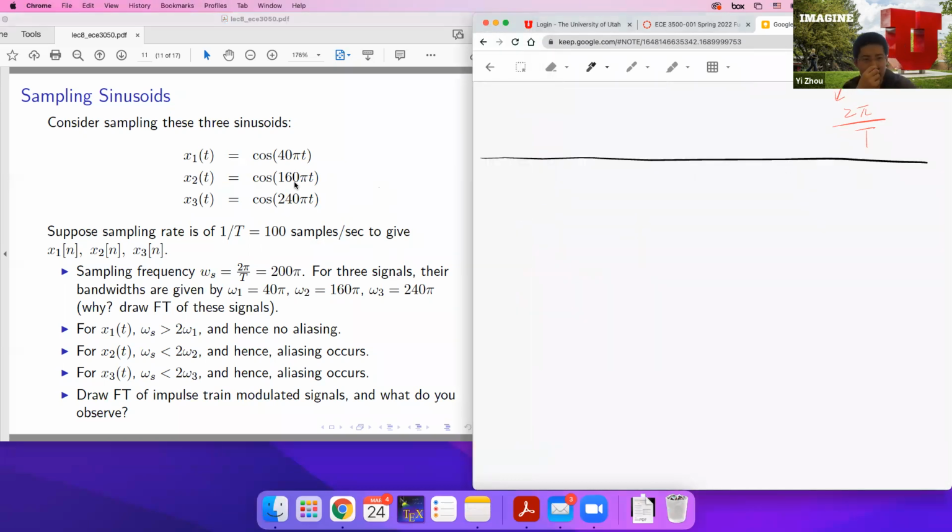So let's actually compute all the basic information first. X1 of t is cosine 40 pi t, which means the angular frequency omega 1 is 40 pi by definition, and T1 is 2 pi over omega 1, the fundamental period. So 2 pi over 40 pi is 1 over 20.